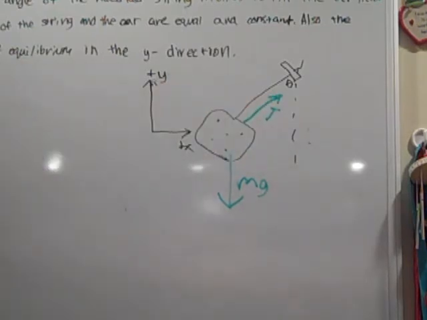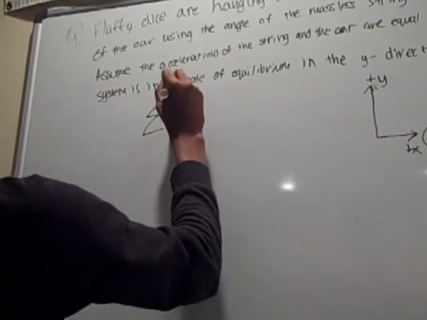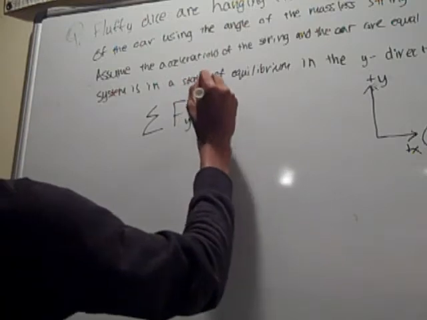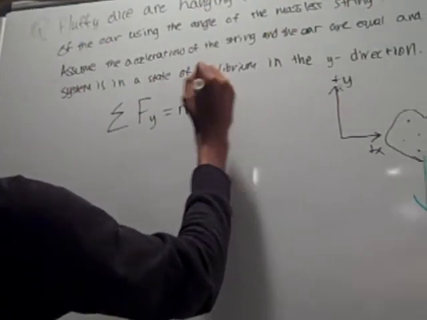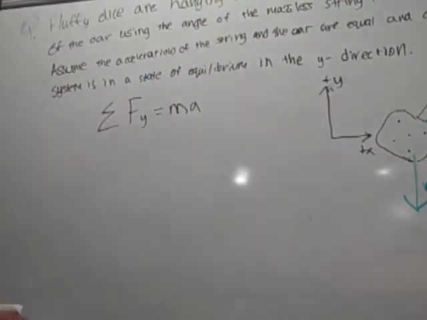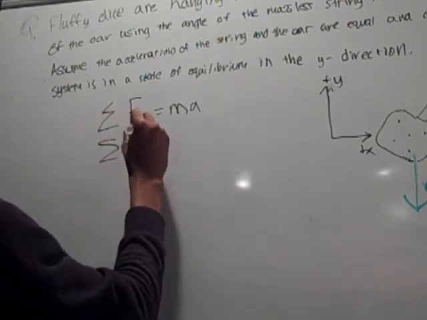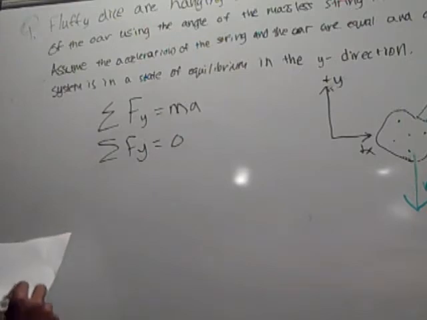So first we're going to write Newton's law here, which is F equals ma. And since I said that we're in equilibrium in the y direction, that means that the sum of forces in y equals 0.